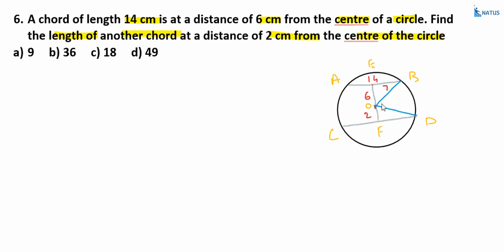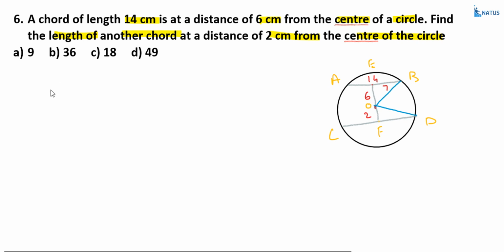We don't know this length. We will find out this length. How will you find it? This side is equal to 7. This side is equal to 6. This is the hypotenuse. So, in a right angle triangle, what about this hypotenuse? Hypotenuse squared is equal to the square of this side and this side, or not?